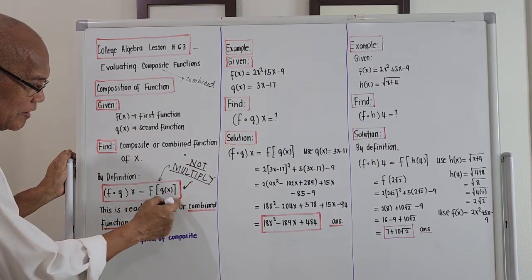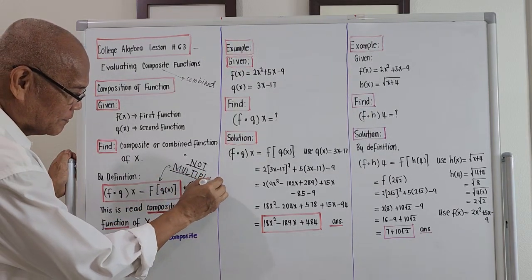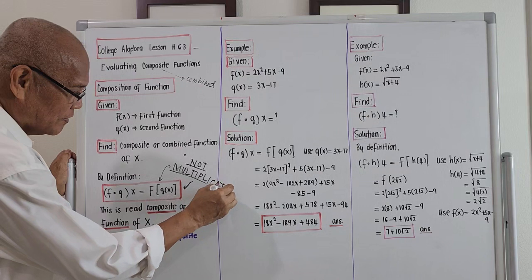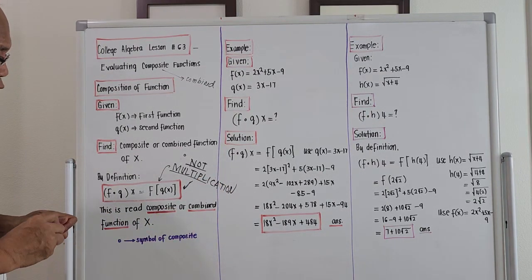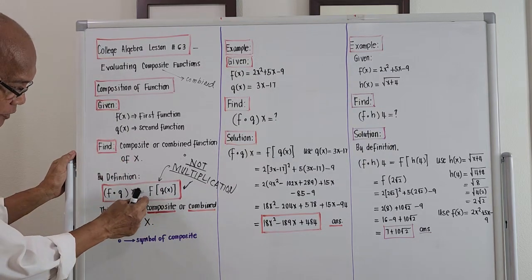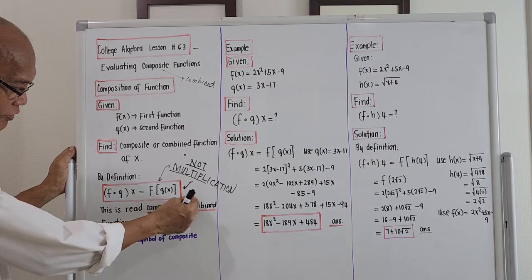This symbol here, it is not a multiplication. You will see later on why I said that the operation on the right hand side is not multiplication. It is just a designation.